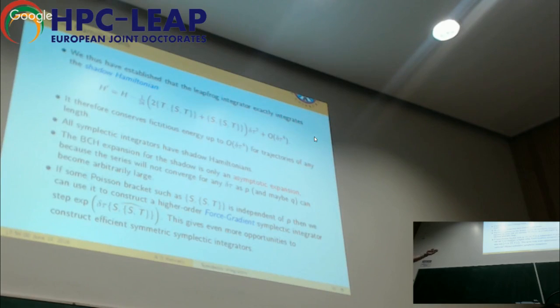But in general you could find some Poisson brackets which only depend on a subset of the coordinates, and then you can use those to write down new integrator terms, because they can just correspond to shifts in the coordinates that they don't depend on.